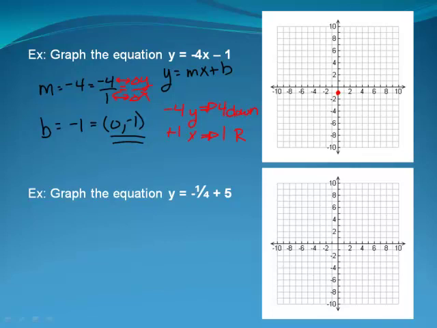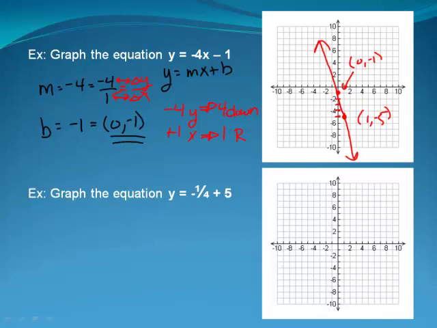So from our y-intercept, we're going to move 4 down and 1 right. So from here, we're going to go 1, 2, 3, 4 down, and 1 right is right there. Connect the dots, and there you have a sketch of your graph. This ordered pair right here is 1 to the right and 5 down. This ordered pair right here was our y-intercept, 0, -1.